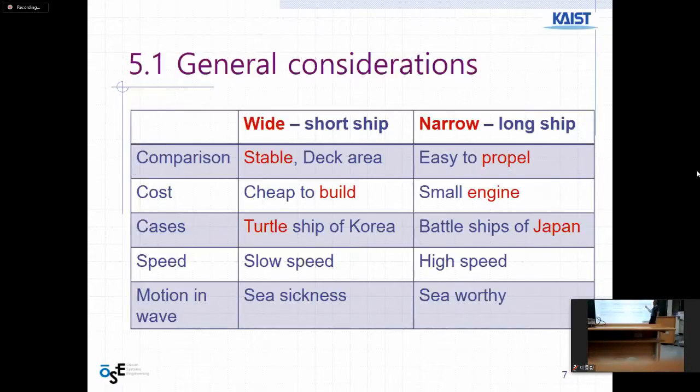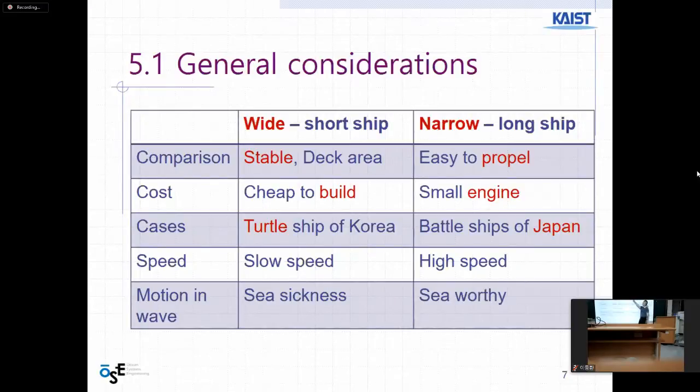You see from the picture, the form is very wide and short. A turtle is a rounded shape, wide and flat. And the Japanese ship is narrow and long, a skinny ship, compared to each other.